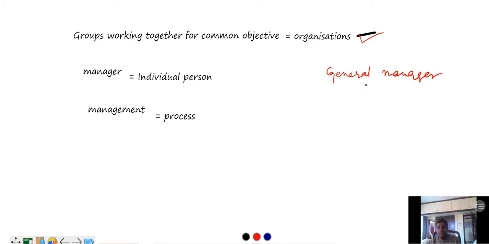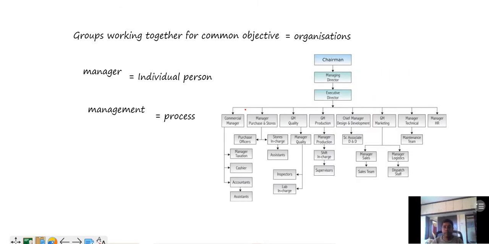under the general manager there will be... so in a company there will be a chairman. Under the chairman there will be a managing director and an executive director, and these are called what? Top level management. Under the executive director there are different types of managers: commercial manager, purchase manager, general manager for quality, general manager for production, chief manager for design and development, marketing manager, technical manager, HR manager.